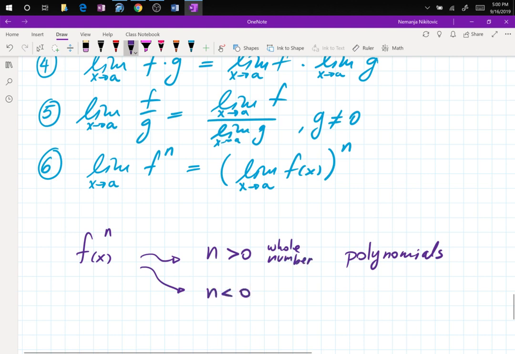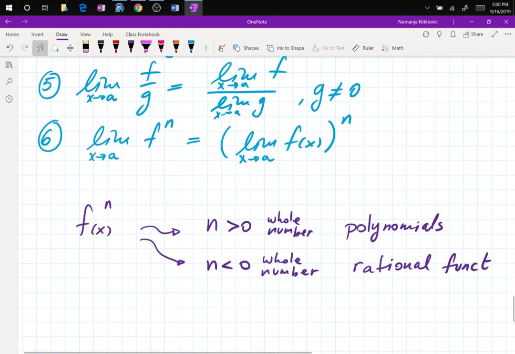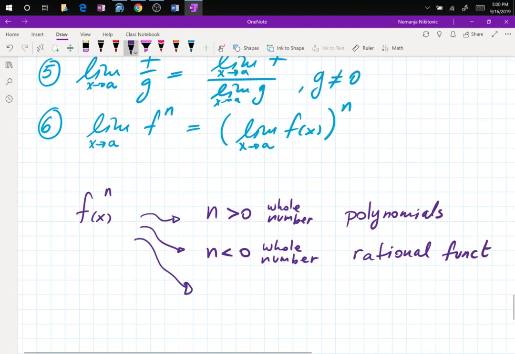If n is a whole number less than 0, then you get a rational function. And the third one is if n is a fraction, then you get a radical.